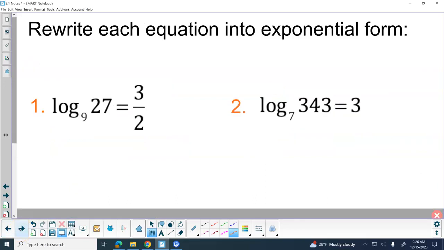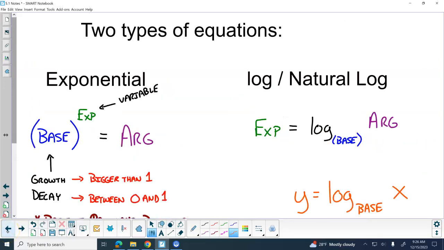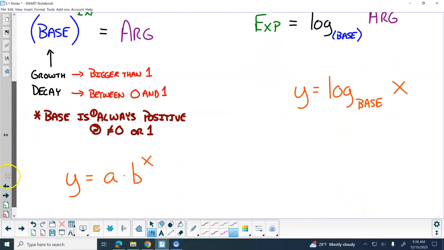All right, so let's rewrite each equation. We have to decide which form we're in, logarithmic or exponential. Easiest way to know is if you see log. Oops, I forgot to mention one other thing too. Back here, this could also look like y equals natural log of x, ln of x.